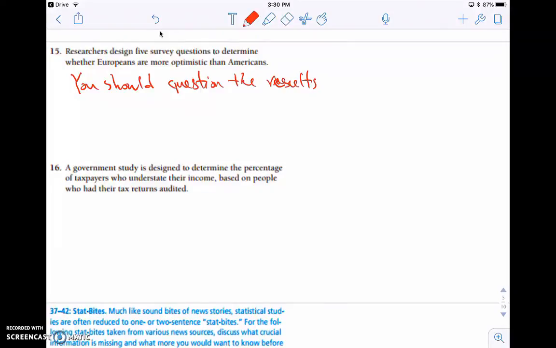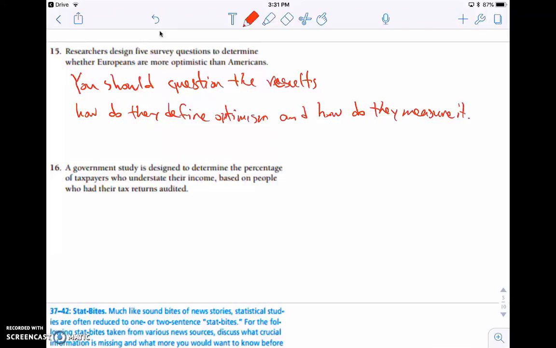One is, how do they define optimism? And how do they measure it? So if that's the only little blurb that you have, you'll definitely want to question that and seek further information as far as how do they define and how do they measure that variable of optimism.